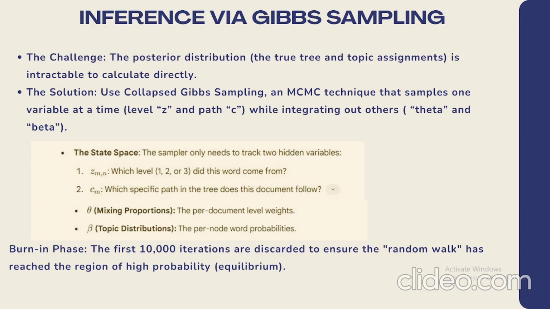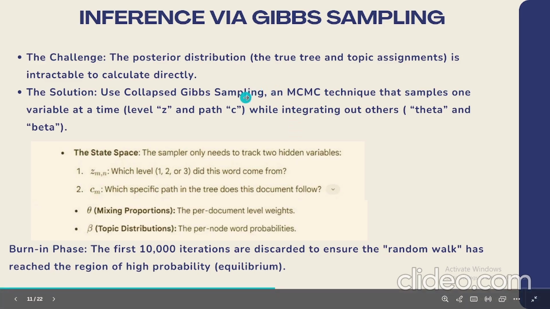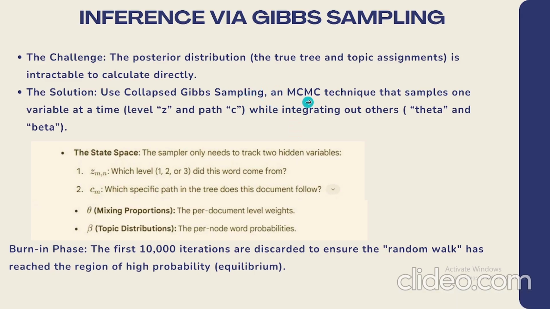The Gibbs sampling algorithm is based on MCMC, the Markov chain Monte Carlo technique. It samples one variable at a time, which is level z and path c, while the other variables, theta and beta, we integrate out.